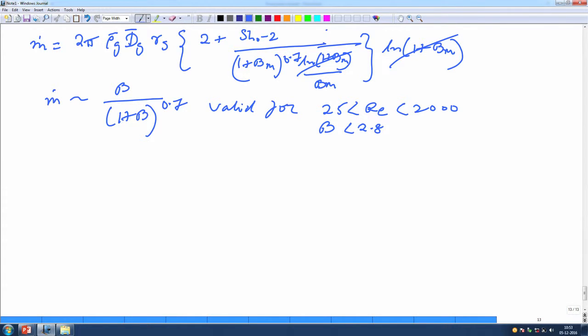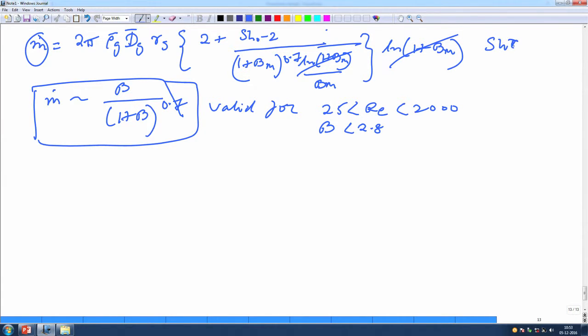Got it? Clear? This comes from substituting the value of m dot. We have substituted for Sh star and F_M. These two have been substituted here. That is how we got this expression.